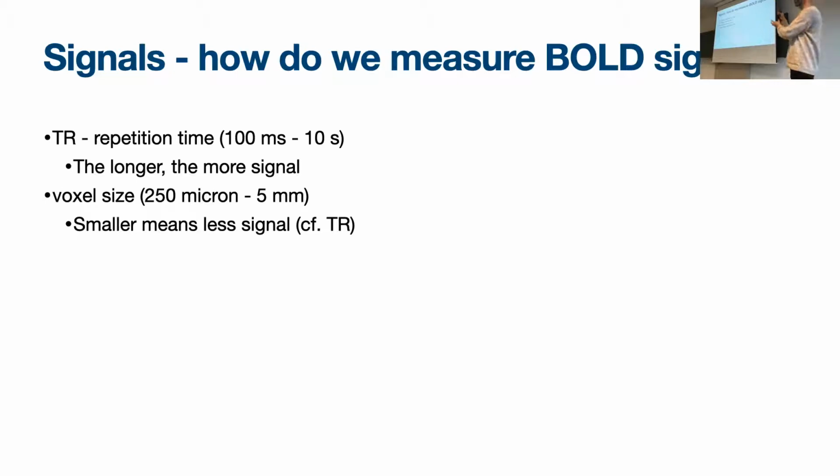These are just a couple of the dimensions that you need to think about. And in terms of MR physics, there's a lot more that you can vary. All of those different parameters have their effect on how good your data are. So you always have to work together with the people that are responsible for the scanner to get the best results in your specific experiment.